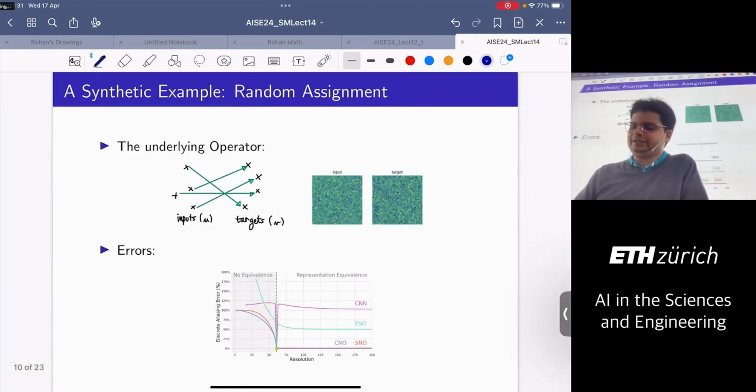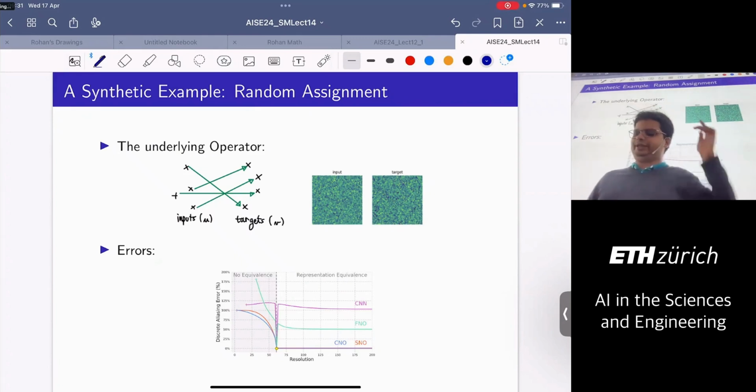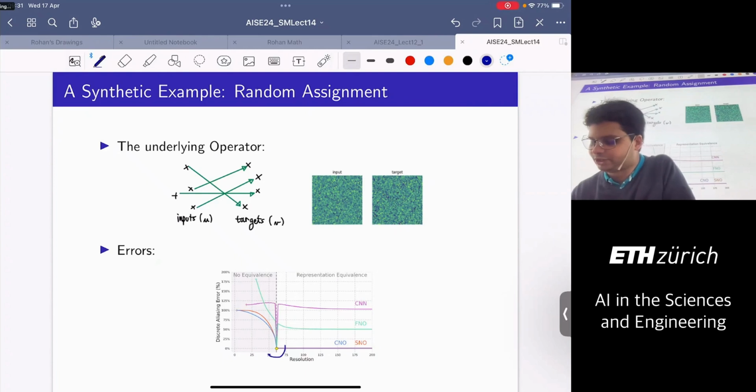The first thing is we go back to this very simple problem that we had before, random assignment. This was just to show that FNO, for instance, and CNN were not ReNOs, right? You train at a certain resolution, which was 61 squared, because the image was at 61 squared.